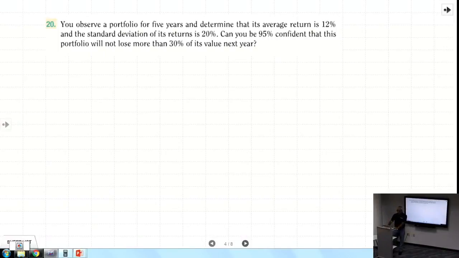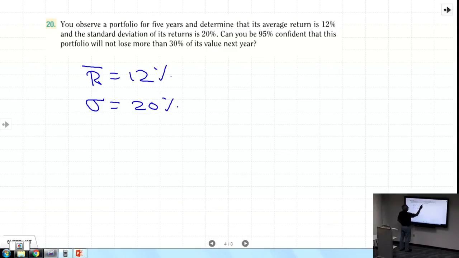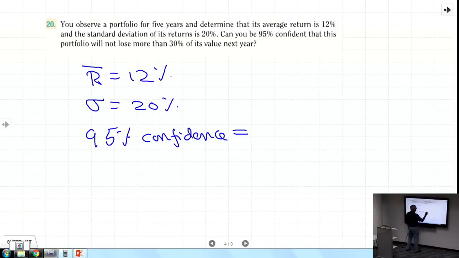Question number 20 is about confidence intervals. You have average return of 12%, and standard deviation sigma is 20%. With 95% confidence, what's the range? So 95% confidence implies plus minus 2 standard deviations.